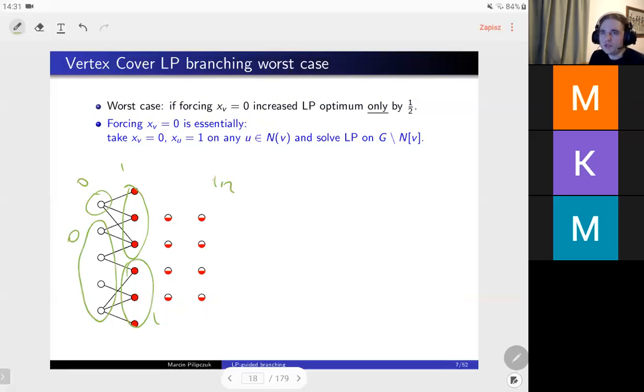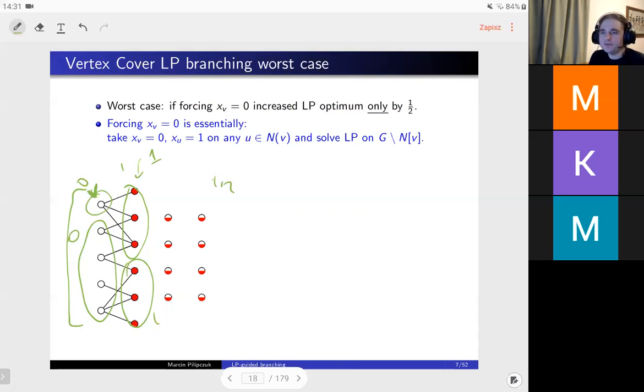So what it really does is put zeros on some independent set, ones on the neighbors of the independent set, and halves on the rest, and it looks for a minimum cost such solution such that your favorite vertex V, your branching pivot, is on the independent set side.